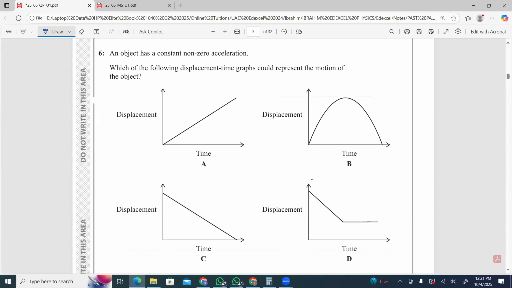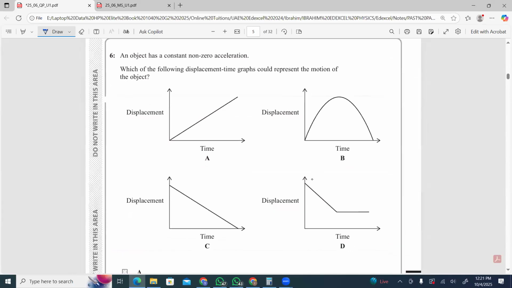Question number 6, an object has a constant non-zero acceleration. That is the keyword, constant and non-zero acceleration. Which of the following displacement-time graphs could represent the motion of the object? A, B, C, and D. So I give you a hint.